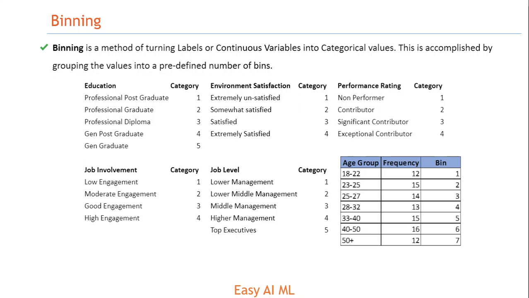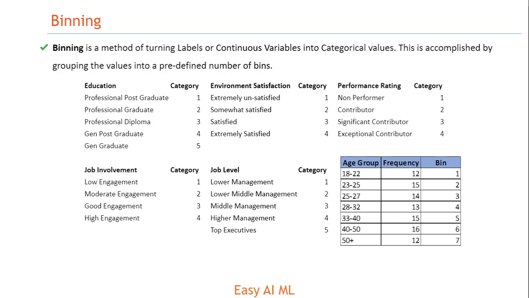Now let us understand binning. Binning is a method of turning labels or continuous variables into categorical values. This is accomplished by grouping the values into a predefined number of bins. An example is education. Education can be very confusing for a model.